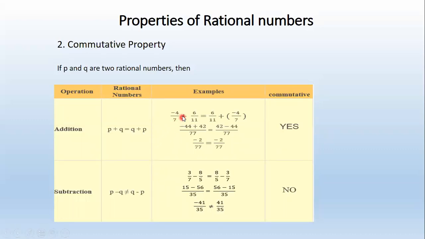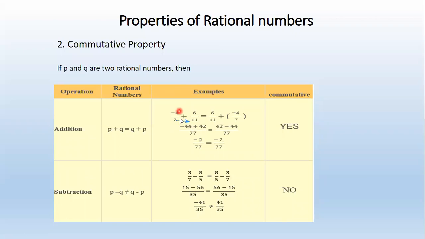Now, I have taken P as minus 4 by 7, Q as 6 by 11. In the LHS, it will be minus 4 by 7 plus 6 by 11. Right hand side, it will be Q plus P, that is 6 by 11 plus minus 4 by 7. As I said earlier, when we add two rational numbers, we multiply the denominators, that is 7 into 11, which is 77.